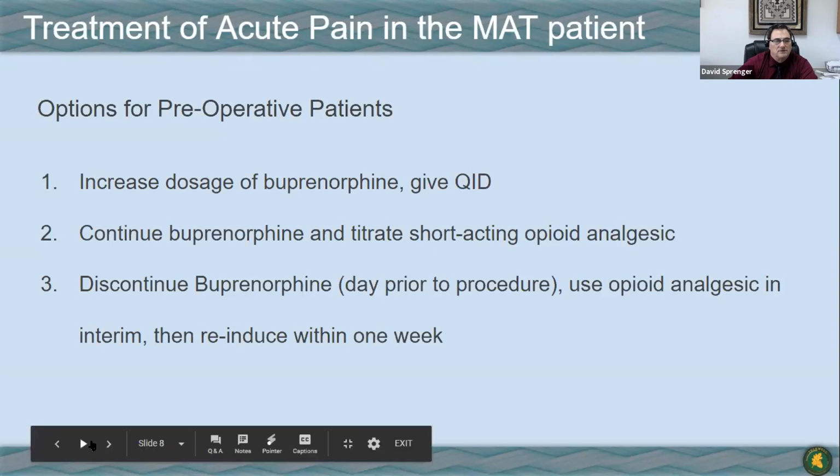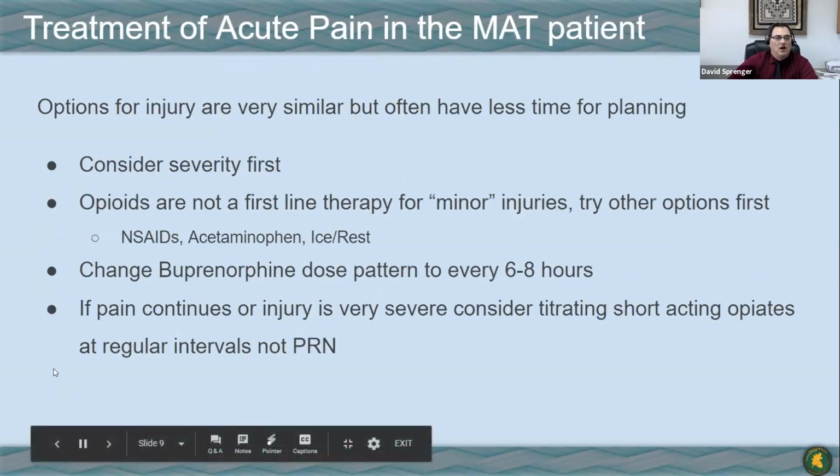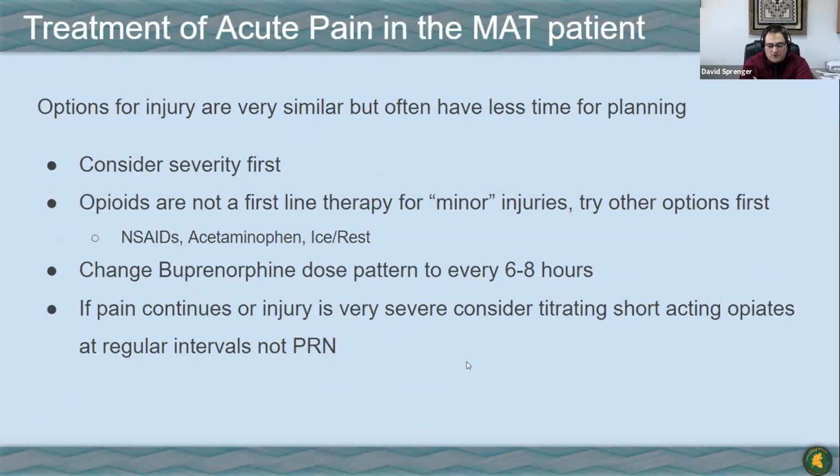So the options for an acute injury are similar to those for a planned surgical procedure or other painful procedure. But there are a few other things to consider. First, consider the severity of the pain and whether just adding an NSAID or Toradol might work.